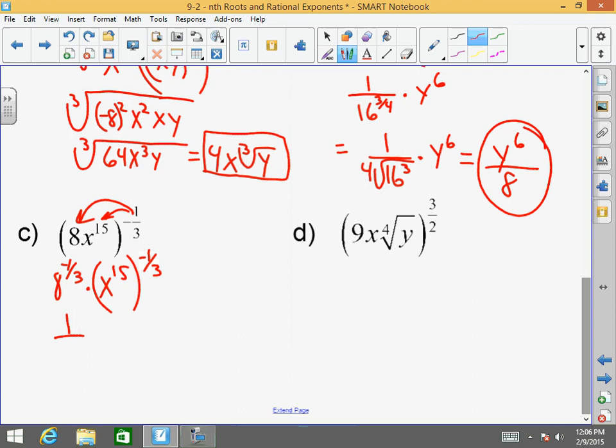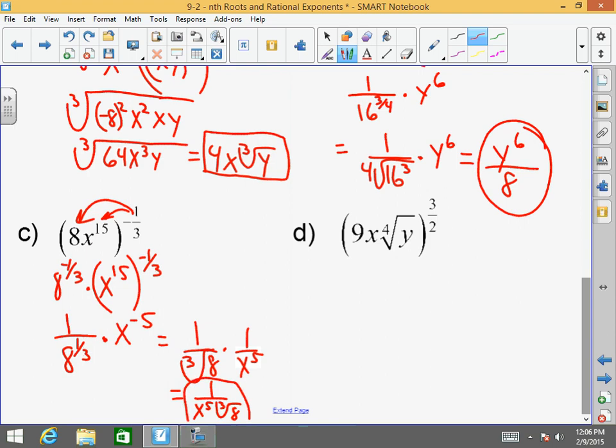So this gives me 1 over 8 to the 1/3 times x to the negative 5th, which equals 1 over the cube root of 8 times 1 over x to the 5th, which equals 1 over x to the 5th times the cube root of 8.